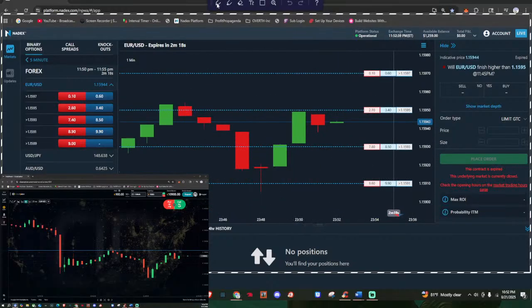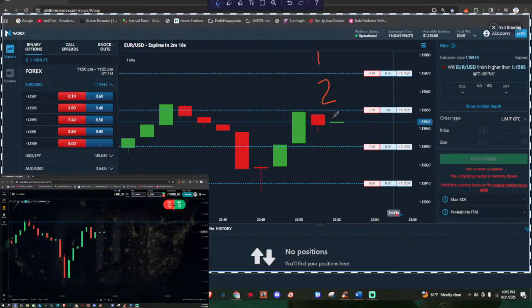Just looking at it, we have 2, 3, 4, 5 zones. And then within each zone, you have from 9-7 to 9-5, that's 20 micropips. So in every zone, there's 20 micropips for this pair that we're trading.